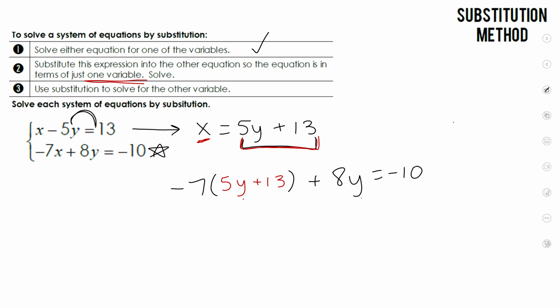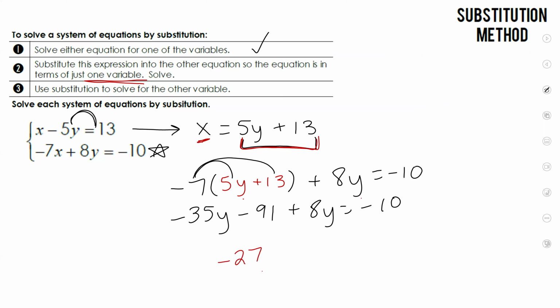Okay, so I'm going to go ahead and distribute. This is negative 35y, and negative 7 times 13, what is that? 91. Negative 91 plus 8y equals negative 10. Okay, let's continue solving. So negative 35y plus 8y is negative 27y.